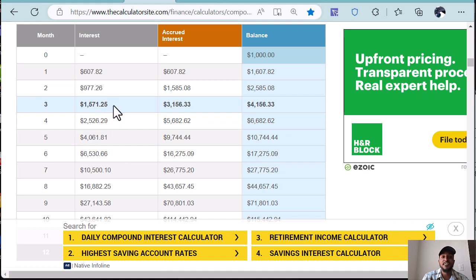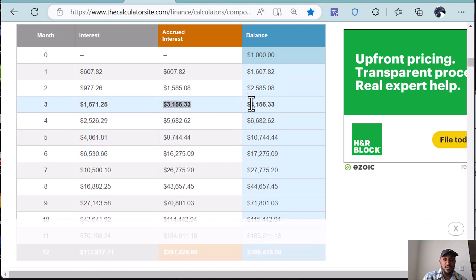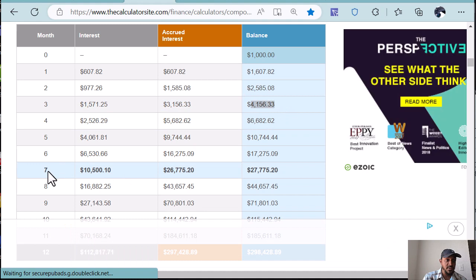Your third month, $1,500. This is on top of the $900 you made last month, on top of the $600 you made the month before. So far, in 3 months, you've netted $3,000, and your balance total is now trading at $4,100.